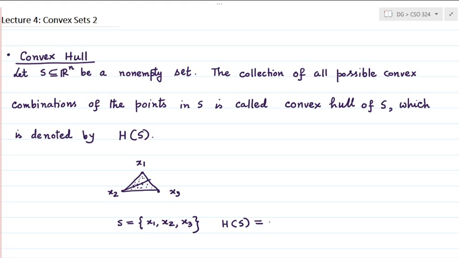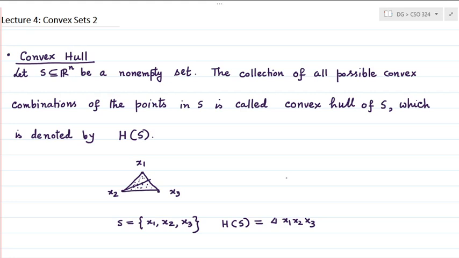Fine. Similarly, if I take 4 points, then it will be a quadrilateral. If I take just a pair of points, it will be a line segment. If I consider 5 points, then it will be a pentagon, and so on.